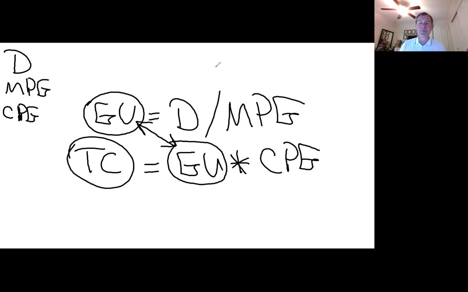MPG, I think, is pretty good. We know miles per gallon, so I think I can use MPG. Maybe cost per gallon, because I think I can remember the per gallon. And then trip cost or total cost, I would probably type it out instead of just using the abbreviation TC.